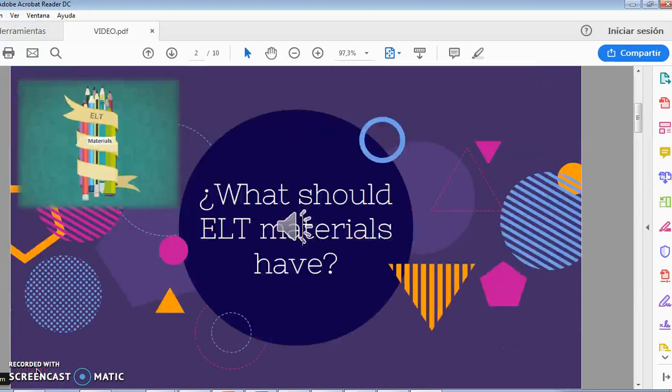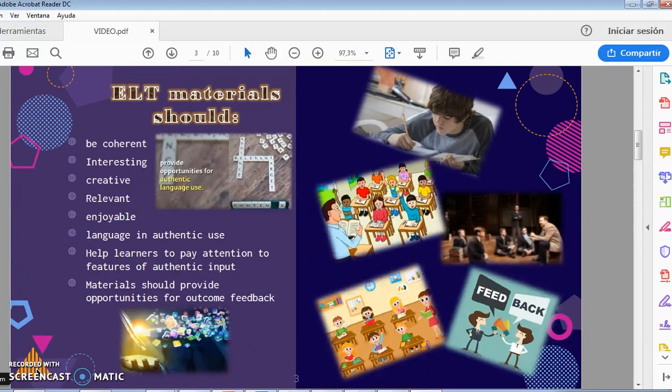The first question is, what should ELT materials have? In my opinion, I consider ELT materials play a vital role in teaching a foreign language. It's necessary because they can be used to facilitate the learning of a language, and learners learn in different ways.